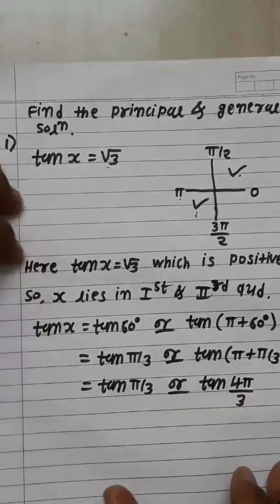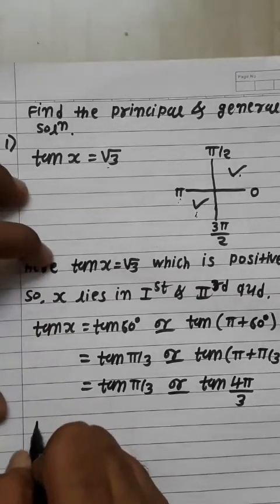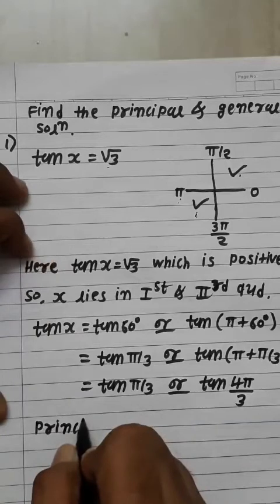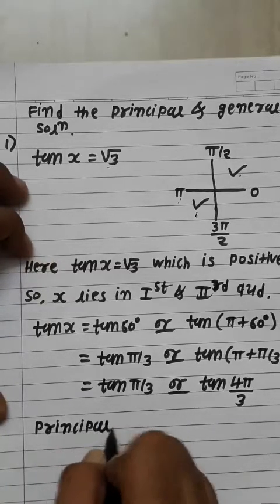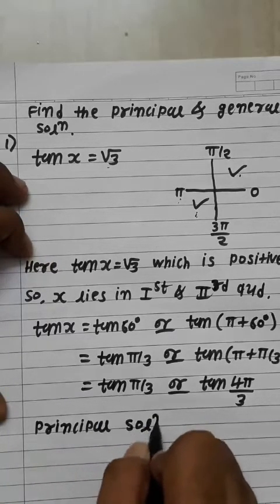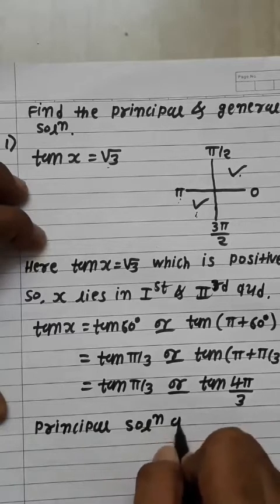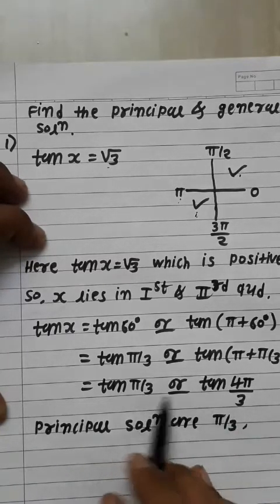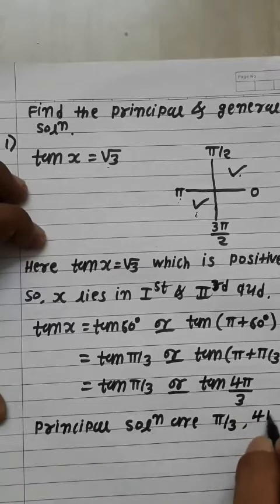Therefore, hence the principal solutions are: here we get two principal solutions, pi by 3 and another principal solution 4 pi by 3.